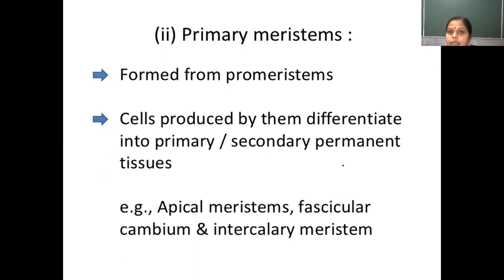Next, primary meristem, which is formed from promeristem, is involved in the formation of primary or secondary permanent tissues. Examples: apical meristem, vascular meristem, intercalary meristem. Okay, these are the examples.